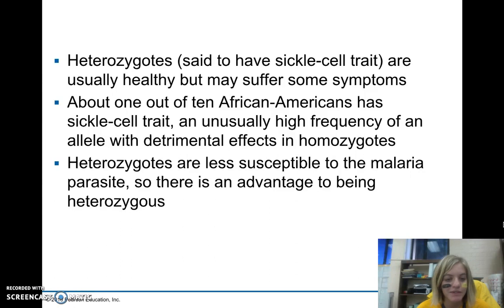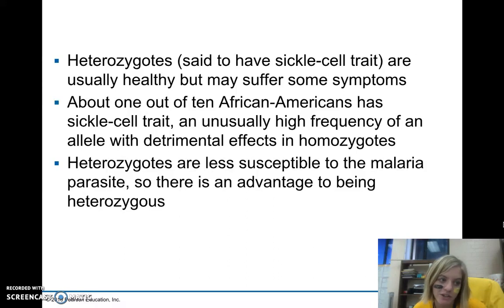But what scientists have found is that these heterozygotes are less susceptible to the malaria parasite. So in areas of Africa where malaria is quite common, there is actually an advantage to being heterozygous, because the homozygous recessives may die from sickle cell disease, but the heterozygotes are protected from death from malaria.